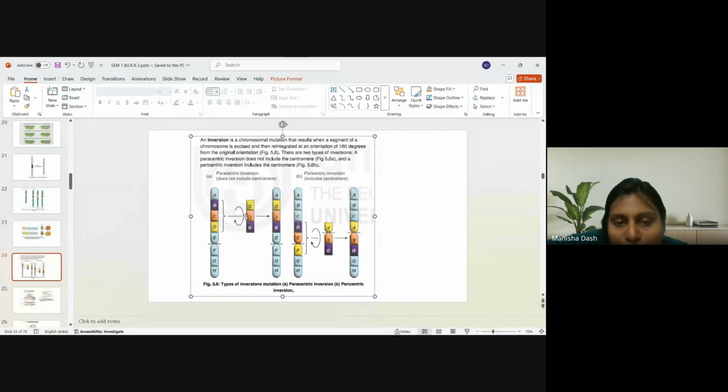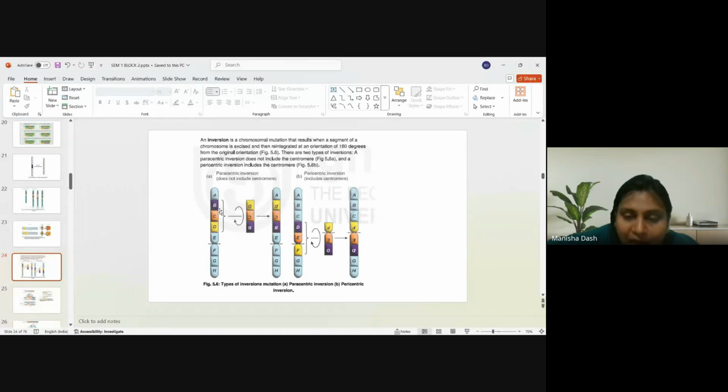Now it could again be two types based on where the inversion is happening. If the inversion is happening within the same arm, that is called a paracentric inversion, which does not include the centromere position, and the arrangement is occurring within the same arm. Sometimes the inverted segment might involve the location of the centromere.